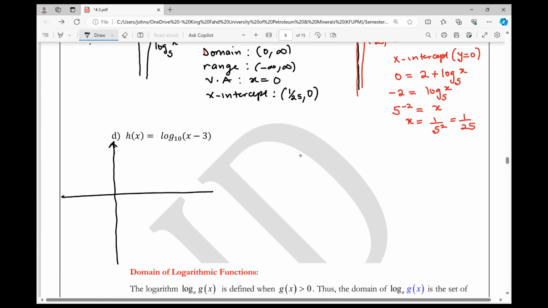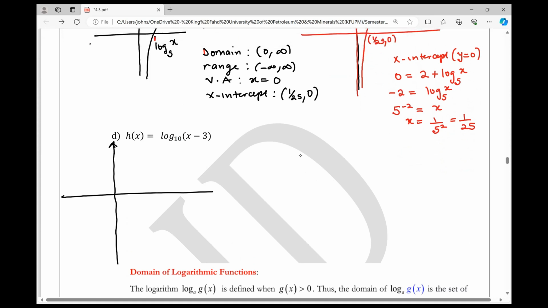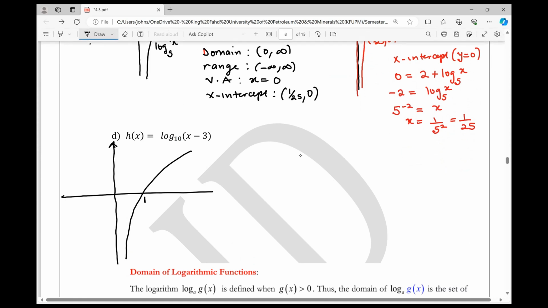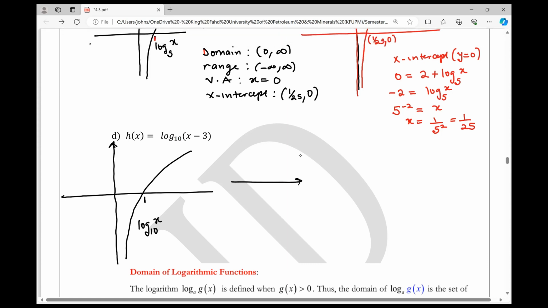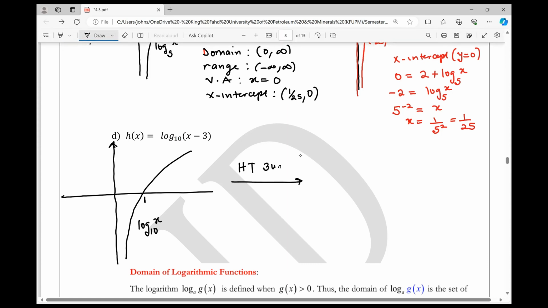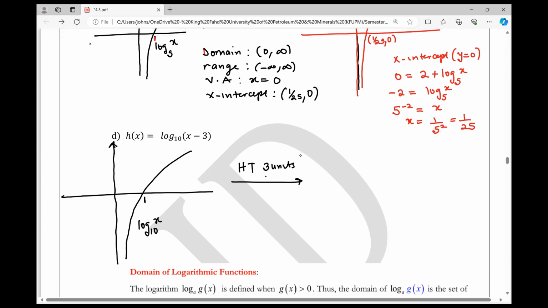Horizontal translation is what? Let's start with the original first. This is log, so here is going to be 1. So this is our log base 10 of x. Here, what do we need to do? We need to do 3 units to the right.